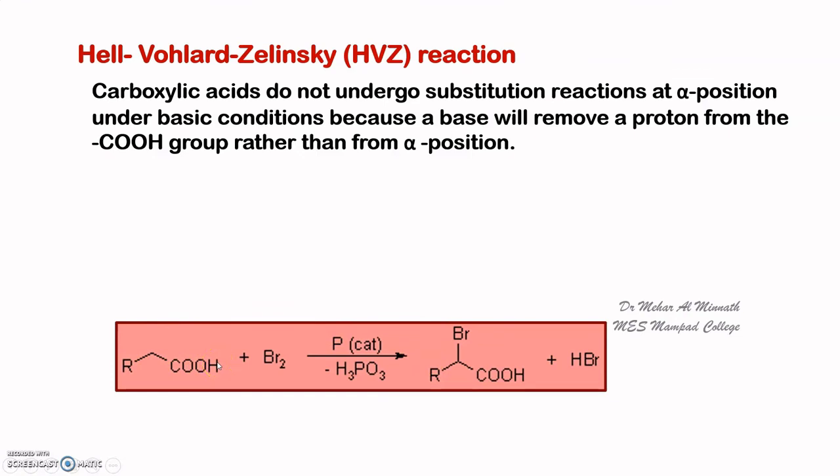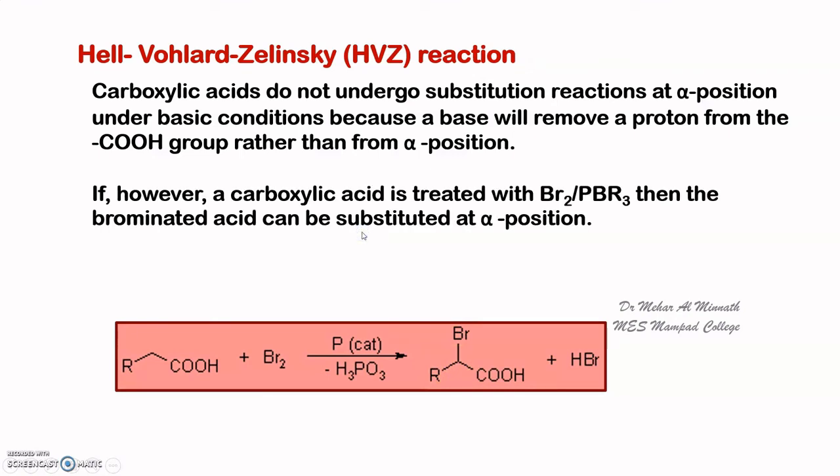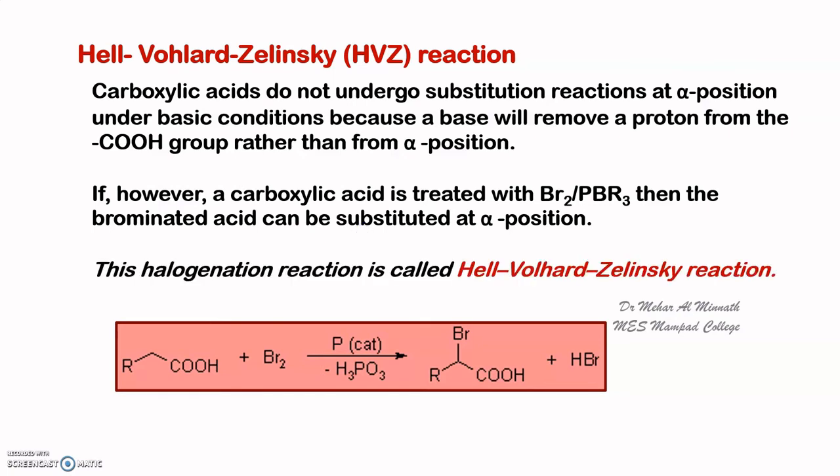So the HVZ reaction gives us a possibility of halogenating the alpha position of carboxylic acid. You treat it with bromine in presence of PBr3, then you get alpha brominated carboxylic acid.